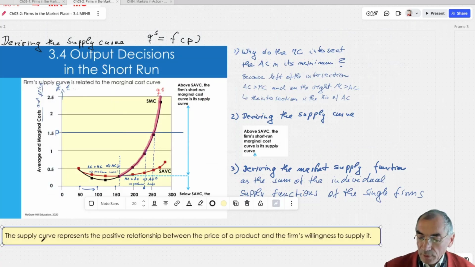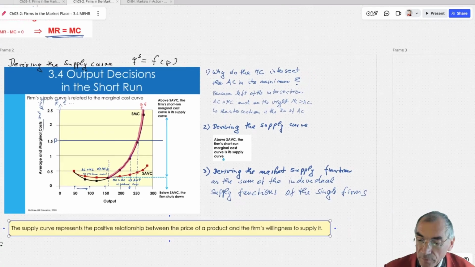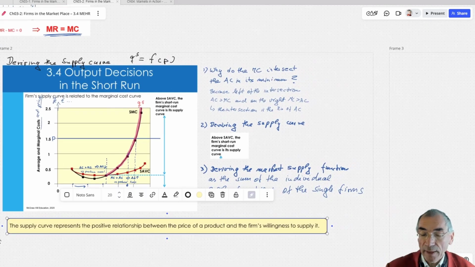And I also copied the definition that we just saw on the slide. The supply curve represents the positive relationship between price and quantity, the firm's willingness to supply them. Let's take this frame again as something we take with us into the next chapters, so that when in future we talk about the supply function, the willingness to supply by the firms, we have an idea where this concept comes from.